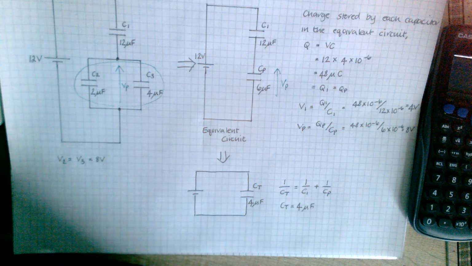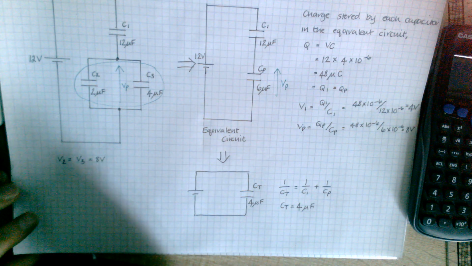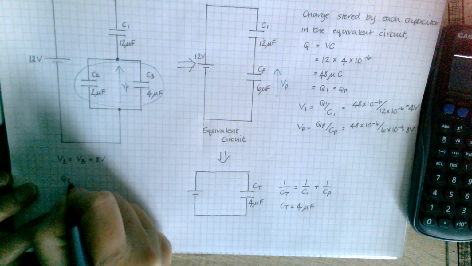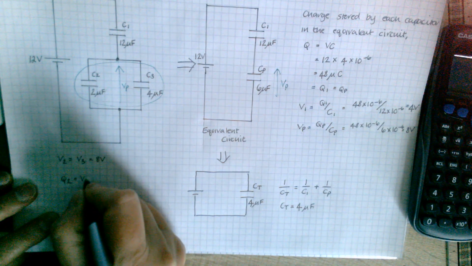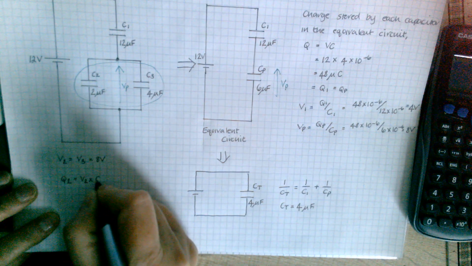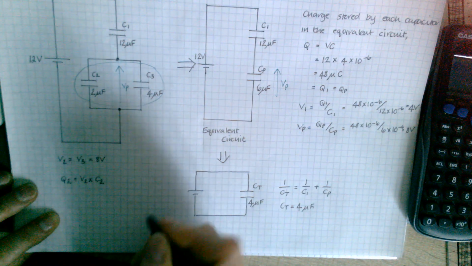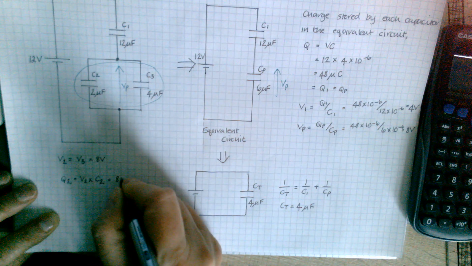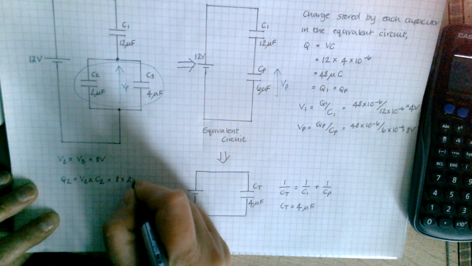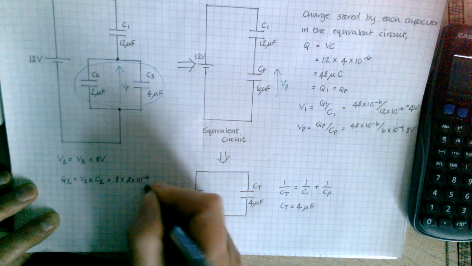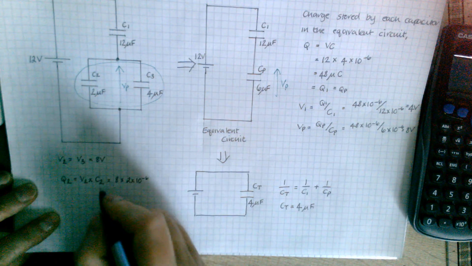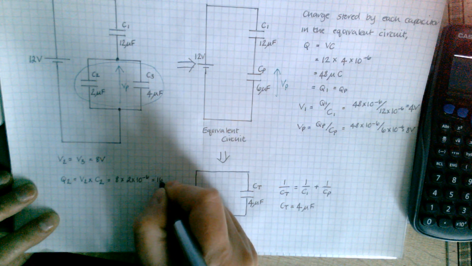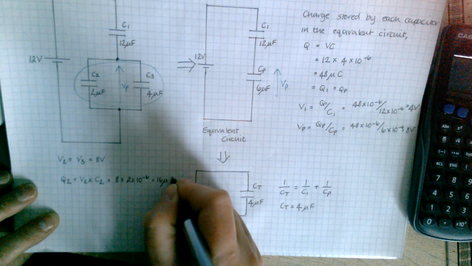Then using that V2 and the V3, I can use that to get my Q2 and my Q3. So Q2, V2 times C2, so that's 8 times 2 microfarads. 2 microfarads comes from the capacitor value in the drawing. 8 times 2 is 16 microcoulombs.